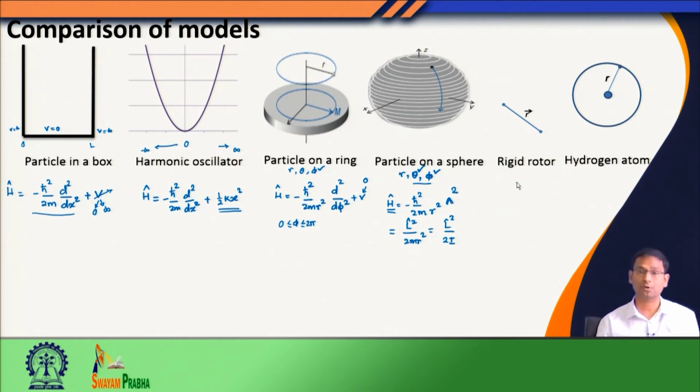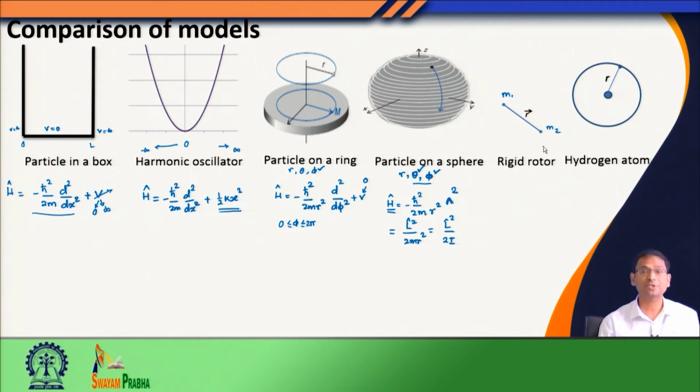When we go to the rigid rotor, for example, let us say this is a diatomic molecule. It can rotate in all three directions in Cartesian coordinates. Therefore, when it rotates in all three directions, you would see that it will actually create a sphere. So, in the rigid rotor, we had two masses m1 and m2.